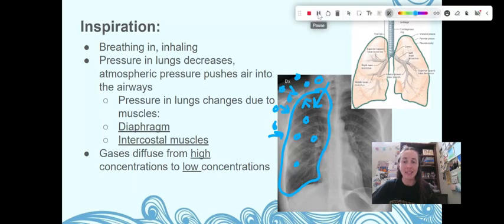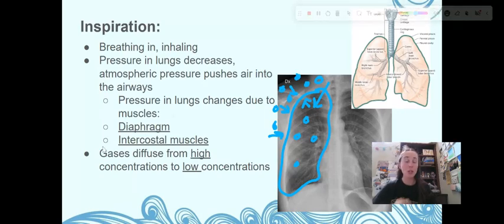That has us inhaling. We can change the pressure on our lungs due to muscles surrounding the lungs. One of those muscles is the diaphragm. The other group of muscles that play a large role in this is the intercostal muscles. So the diaphragm sits under the lungs, and the intercostal muscles are around and in our rib cage.